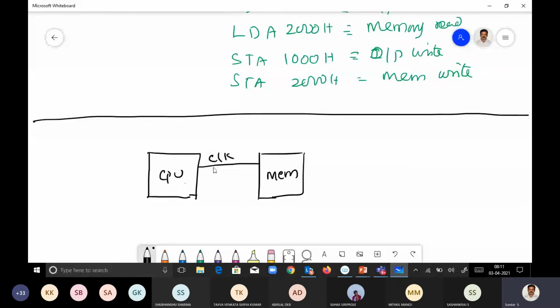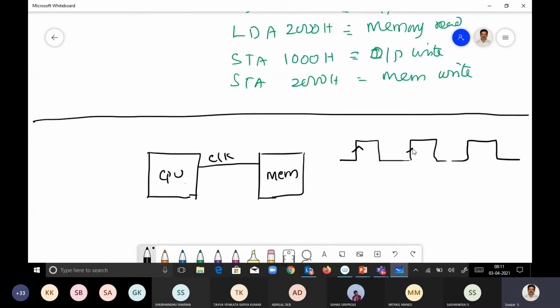For example, let us take the rising edge so that it will be easy to understand. Only during the rising edge we can have either read or write operation. During the falling edge we cannot do anything.